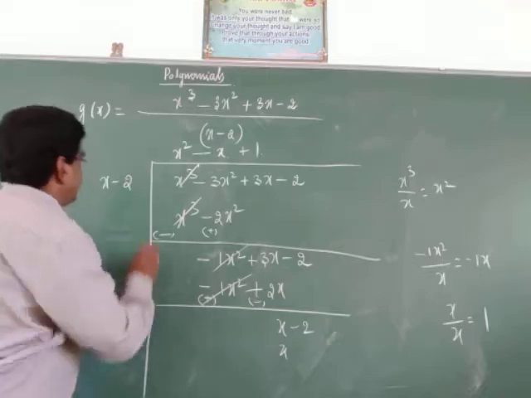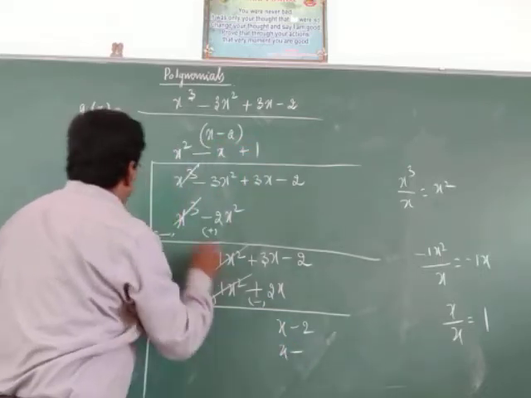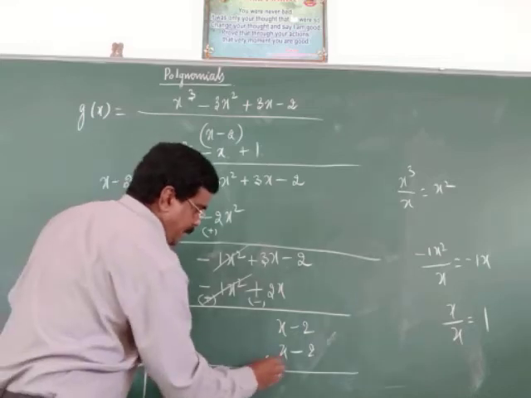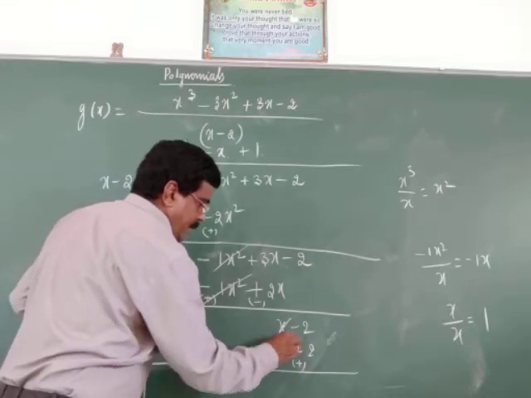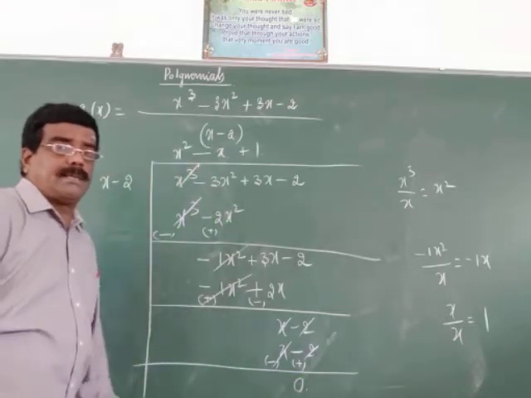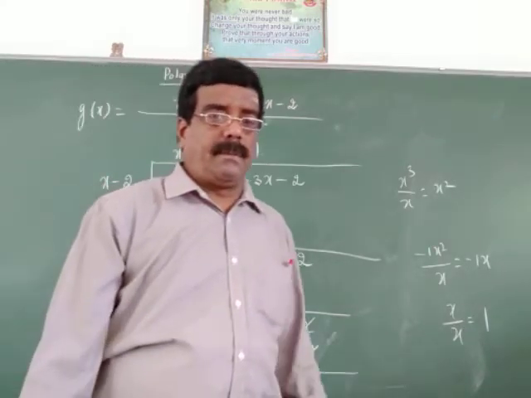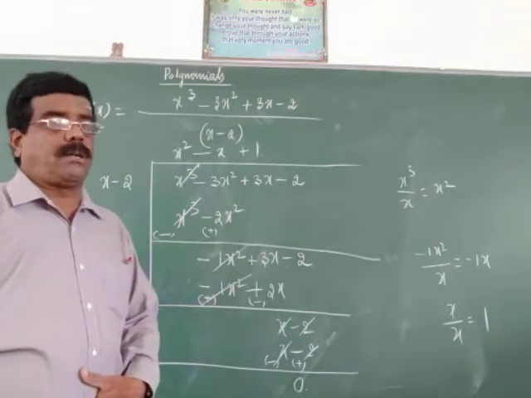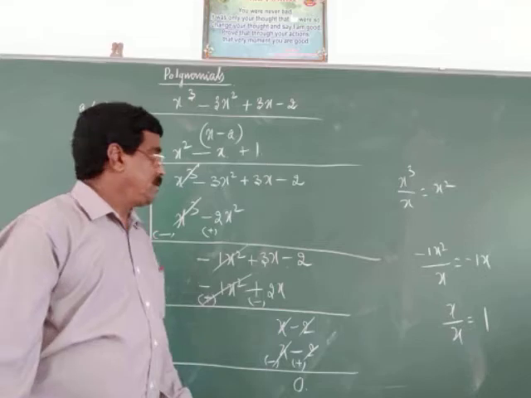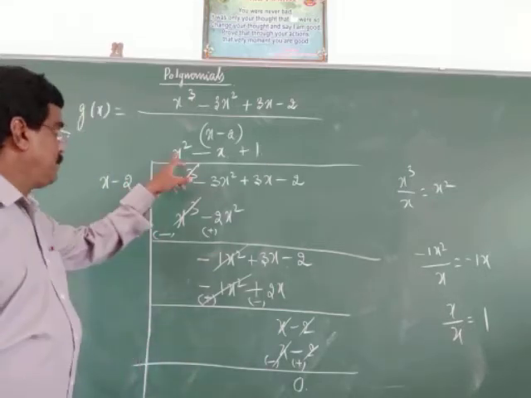Minus into plus is minus, 2 into 1 is 2. So change the sign. x and minus x get cancelled, minus 2 plus 2 get cancelled. You get the remainder as 0. But be careful, the question does not ask here to find the remainder or something. To find g of x. You must know that g of x is here.